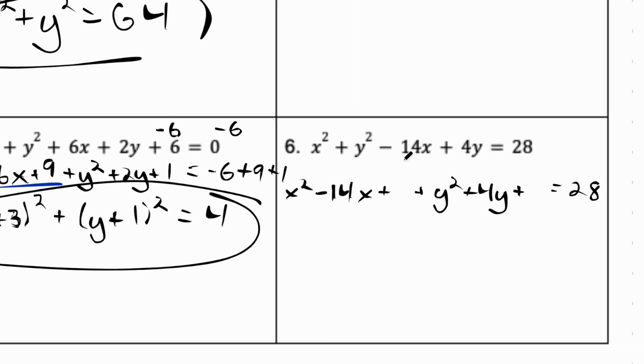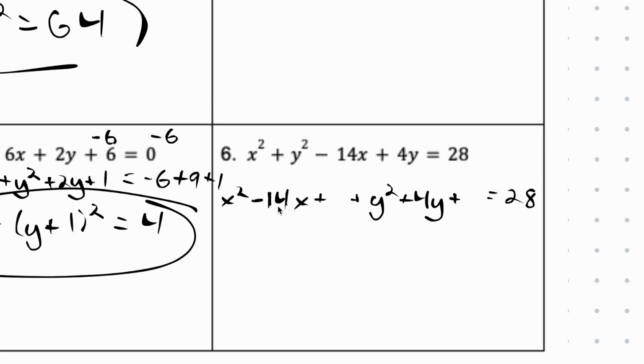So I'm going to look at our b value here, negative 14, and divide that by 2. Negative 14 divided by 2 is negative 7, and I'm going to square that. Negative 7 squared is going to be 49, so I'm going to say plus 49, and we're just going to write it right here, plus 49.